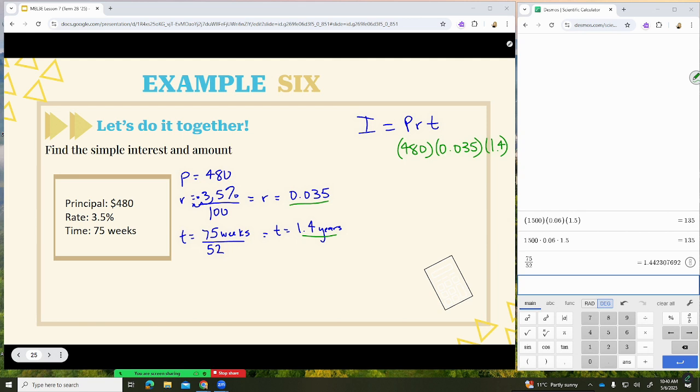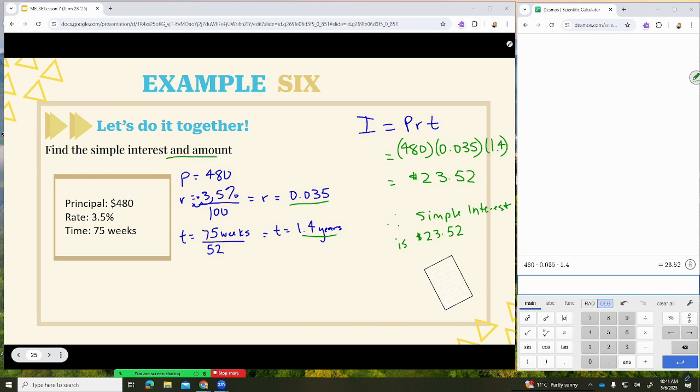So we can calculate 480 times 0.035 times 1.4, and we get $23.52. Therefore, simple interest is $23.52.